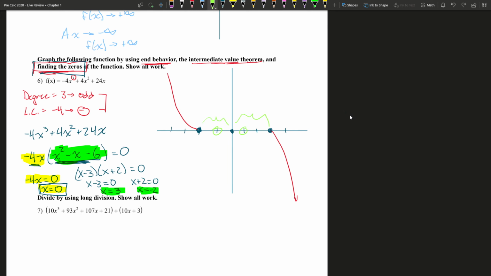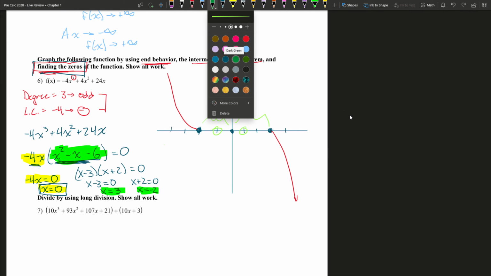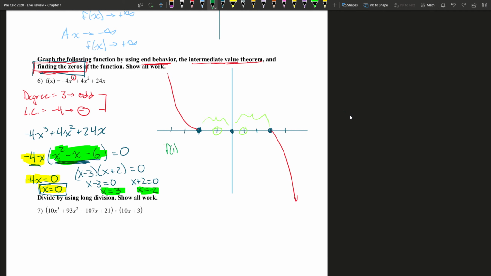So if we plug in f of negative 1, use a darker green, when we do that, this should be a positive 4. So 4 minus 4, that's 0, minus 24, that's negative. So f of negative 1 is a negative value.